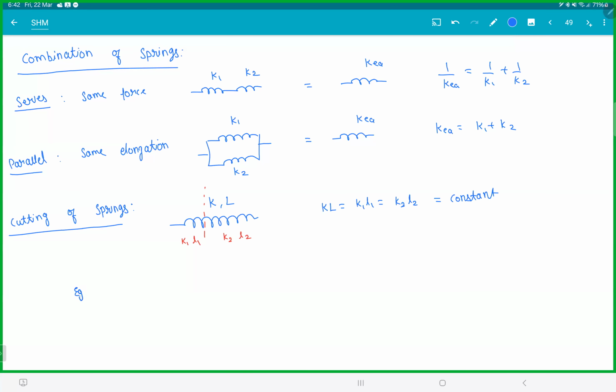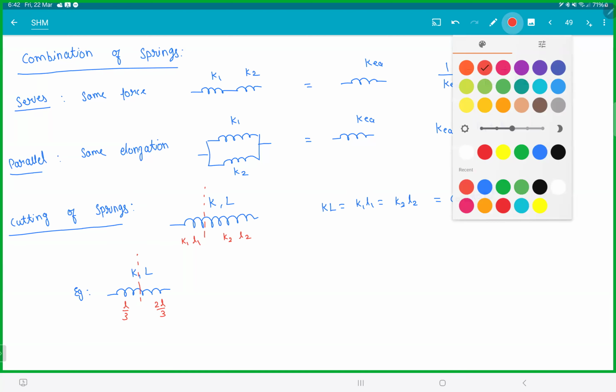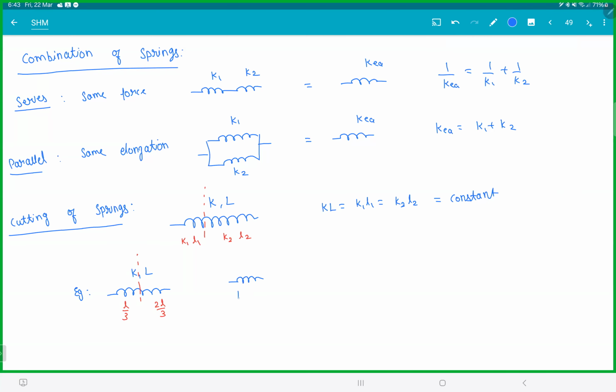Example, you cut the spring in the ratio of L by 3 and 2L by 3. That L by 3 spring is K1, L by 3. So K into L is equal to K1 into L by 3. So K1 will be 3K. So the shorter spring will have more spring constant. K into L is K2 into 2L by 3, so K2 will be 3K by 2. Check. So if you cut a spring, K into L is constant.